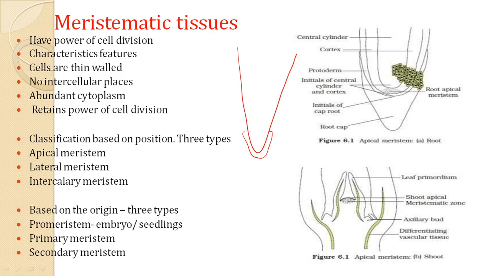This area is called the apical area. The apical area is made up of meristematic tissue.